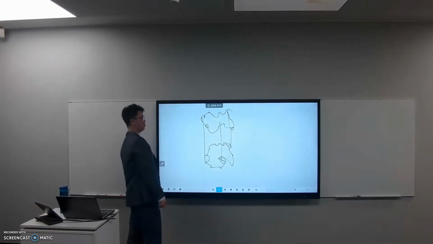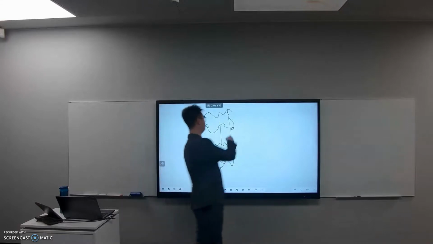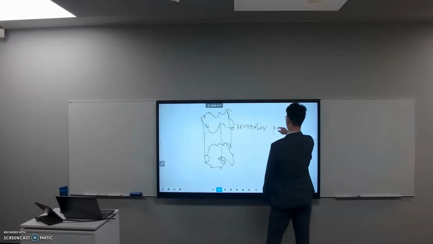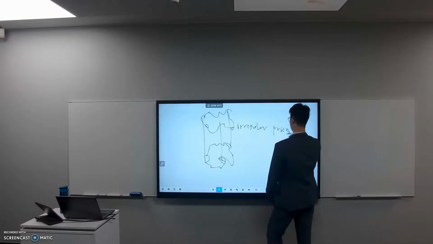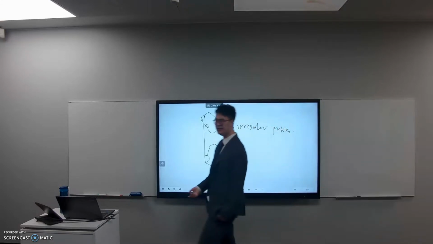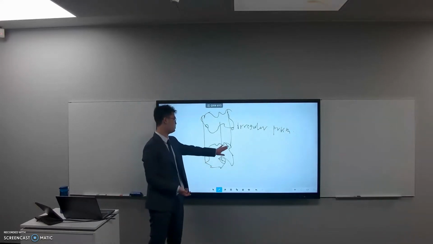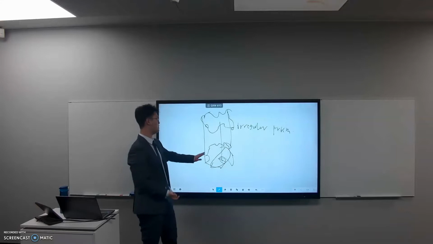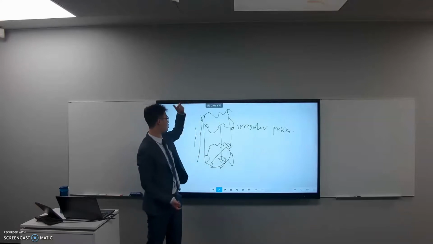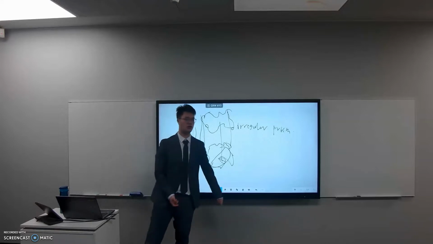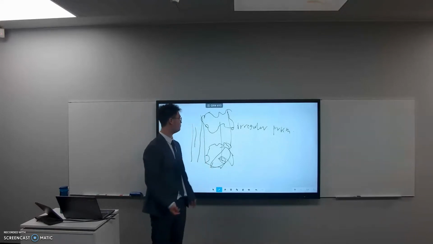This is called an irregular prism. But it's still a prism, isn't it? Its cross section shape is just this weird shape, and then it builds up, just like a cylinder and a rectangular prism. So in order to find this out, it's the same thing.